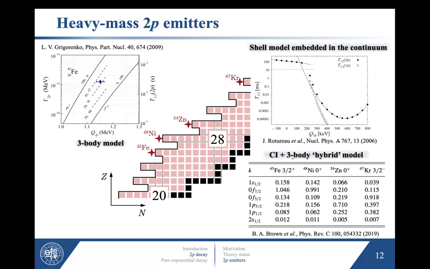Later on, Jin embedded the continuum in the shell model calculations to see the competition between the one-proton and two-proton decays. Also, Alice did some work using hybrid models to take advantage of the configuration interaction and the spectroscopic factor or two-nucleon amplitude in this case, and also the three-body partial waves to estimate the configuration as well as lifetimes of these two-proton emitters.